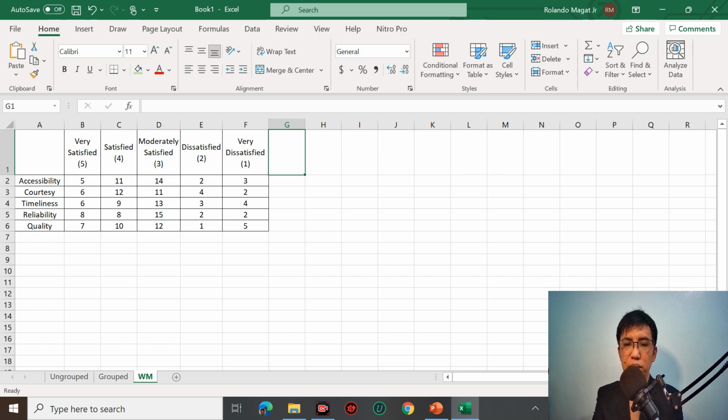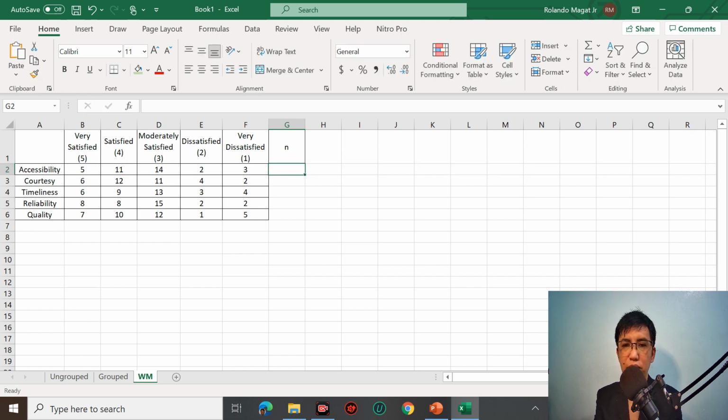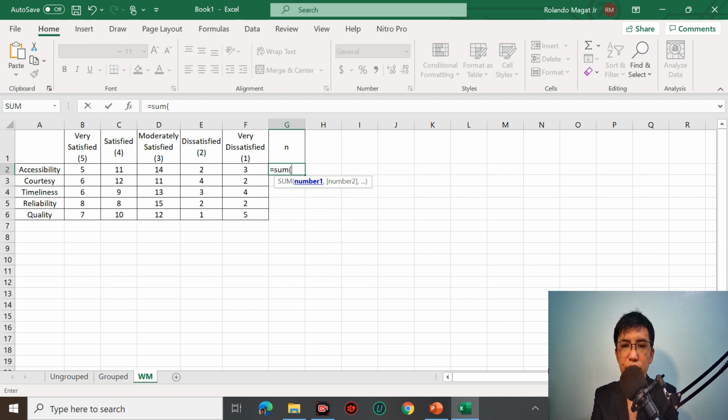So, I'll put here N, which is the number of respondents. To determine, just simply type in equals, then type in sum, open parenthesis, then click B2 and drag it into F2.